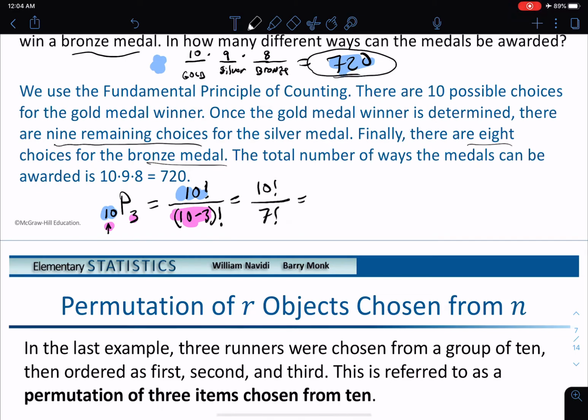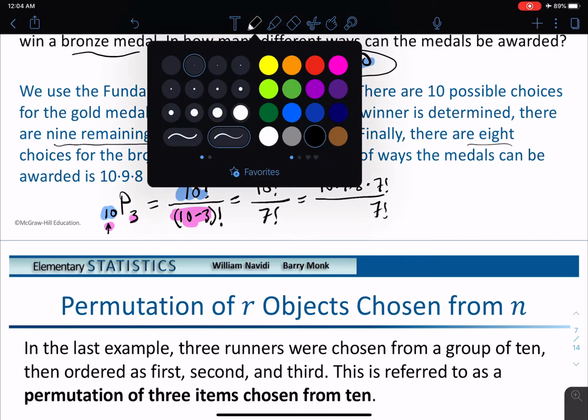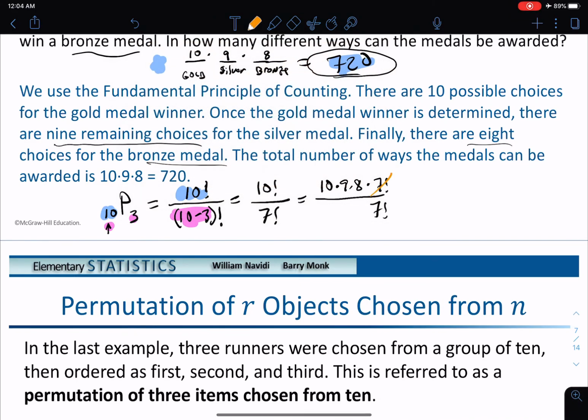Remember how I said to simplify these problems? We're going to call 10 factorial 10 times 9 times 8 times, and I'm going to stop at 7 factorial because I've got a nice 7 factorial down below, which will reduce beautifully.